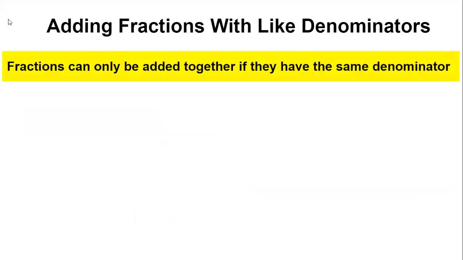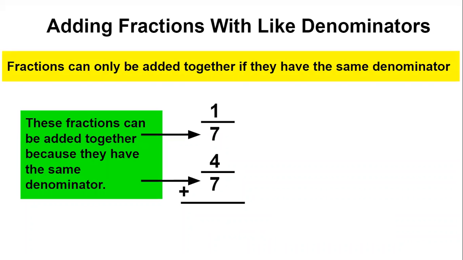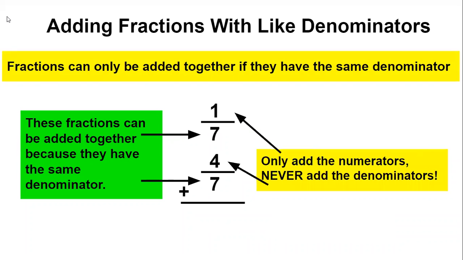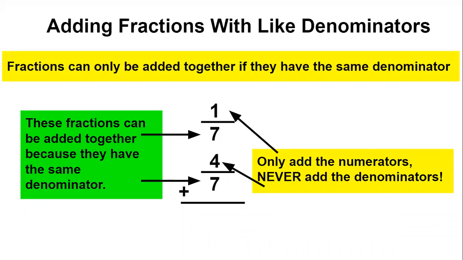Let's try another one. 1/7 plus 4/7. Can we add them the way they are, these two fractions? Yes, because they have the same denominator. They're both 7. So we can just go ahead and add the top numbers, the numerators. So we're going to add 1 plus 4. Never add the bottom numbers, just the tops.